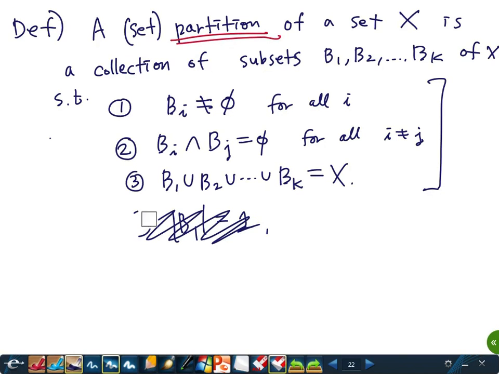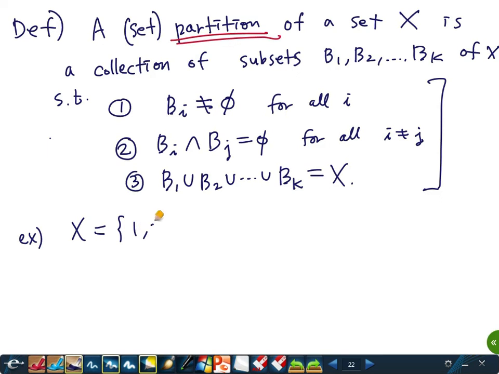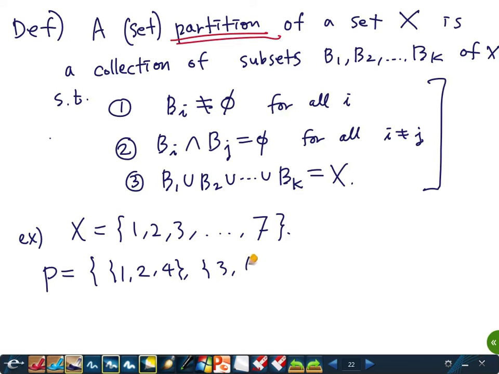And maybe we now probably understand the definition. Example: X is 1, 2, 3, up to 7. Let me define this P as follows: {1, 2}, {4}, {3, 6}, {5, 7}. Is this a partition of X? Yes.